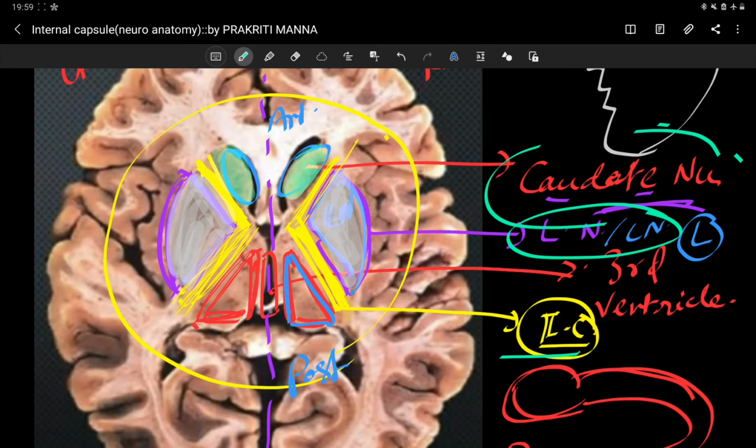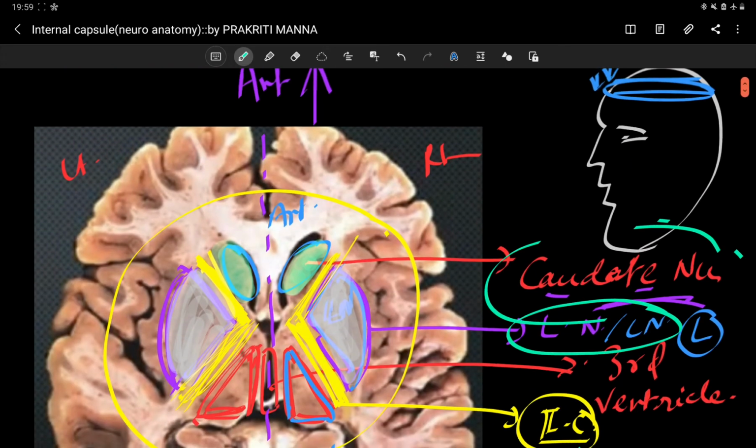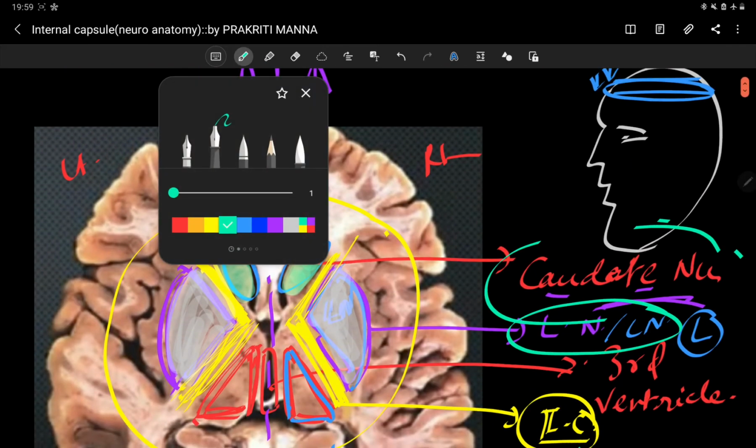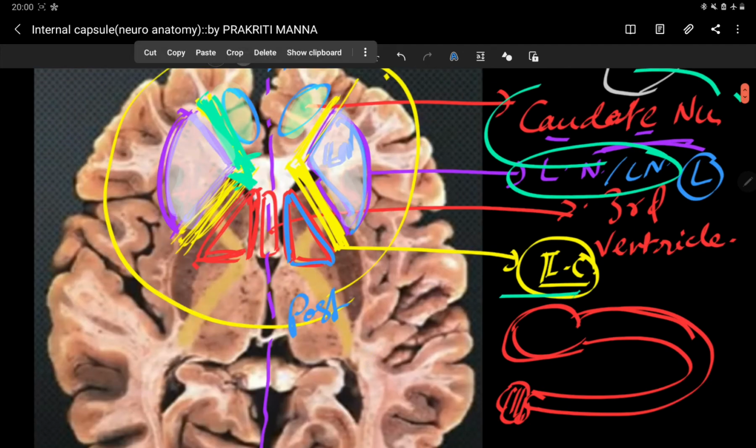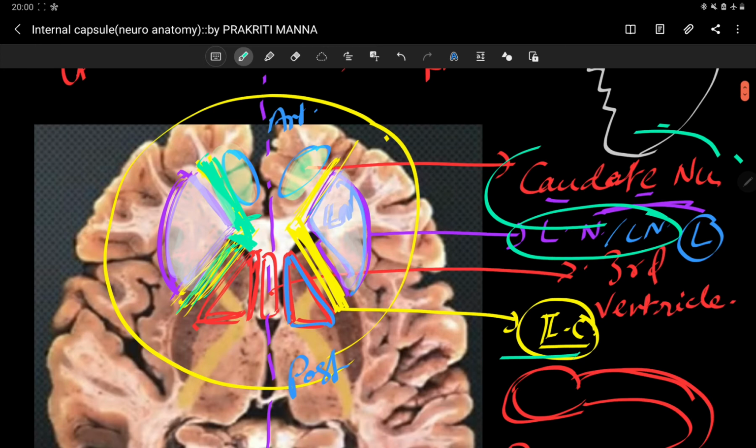One is the anterior limb of the internal capsule. This bend is the genu; genu means bend in anatomy. This bend is called the genu of the internal capsule, and this is the posterior limb of the internal capsule. Once again: anterior limb, genu, and posterior limb of the internal capsule.